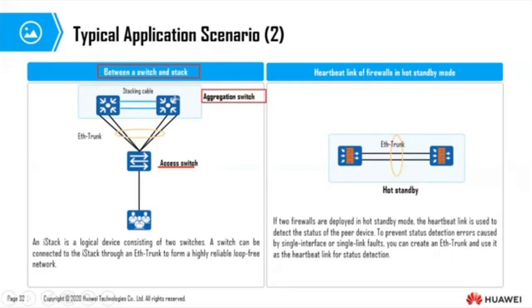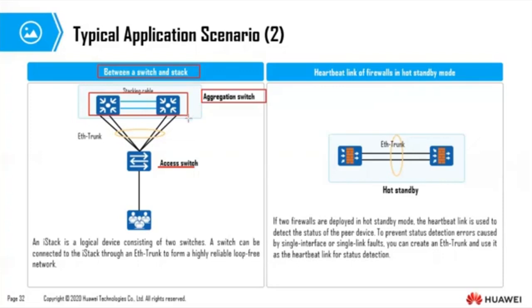Are we together? But now we've used a technology called iStack, or intelligent stack, to combine these two physical switches into a single logical switch. Are we together? That's what iStack does. We're going to learn about it. But at this point, just understand that we've combined these two physical switches to act as a single logical switch.